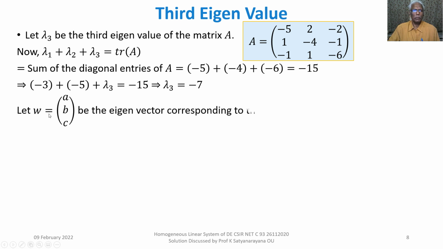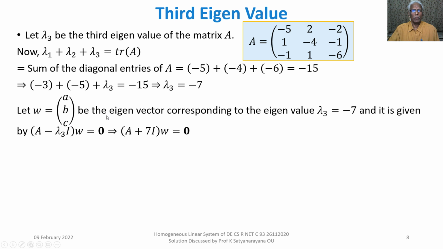Let W equal to the column vector a, b, c be the eigenvector corresponding to the eigenvalue lambda 3 equal to minus 7. It is given by (A minus lambda 3 I) W equal to 0, and with lambda 3 equal to minus 7, that will be (A plus 7I) W equal to 0.